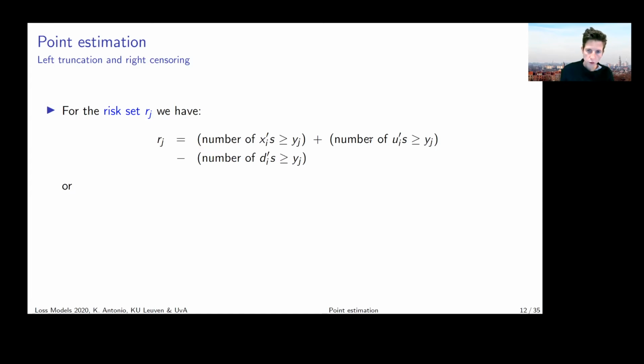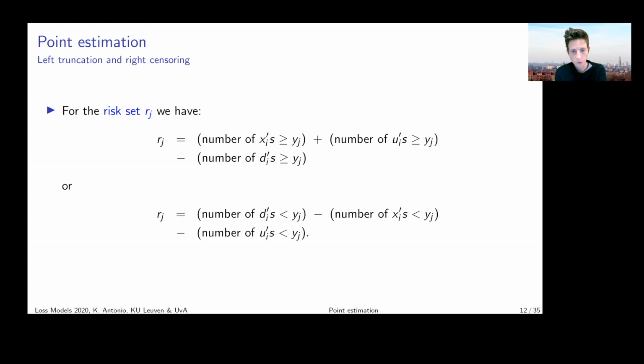So the first two terms add how many of the fully observed losses and the right censored losses are larger than or equal to the yj value. And we need to subtract how many truncation points we have above or equal to this yj, just to make sure that the observations that we count in this risk set are actually observed, so that they are not subject to left truncation.